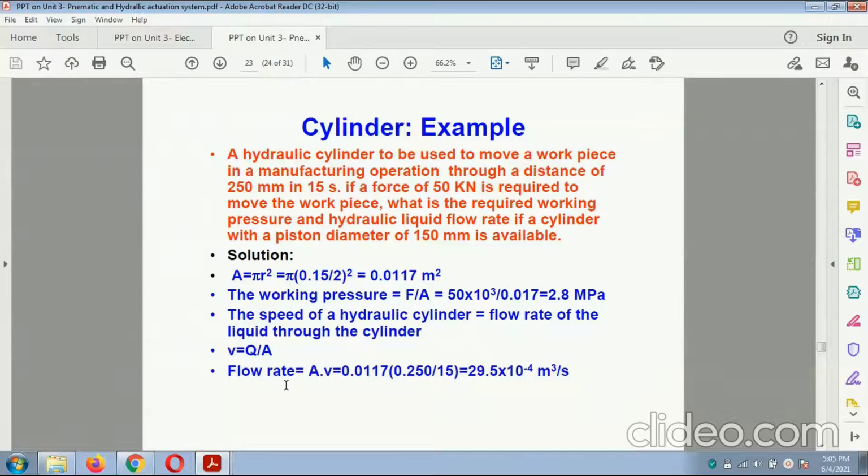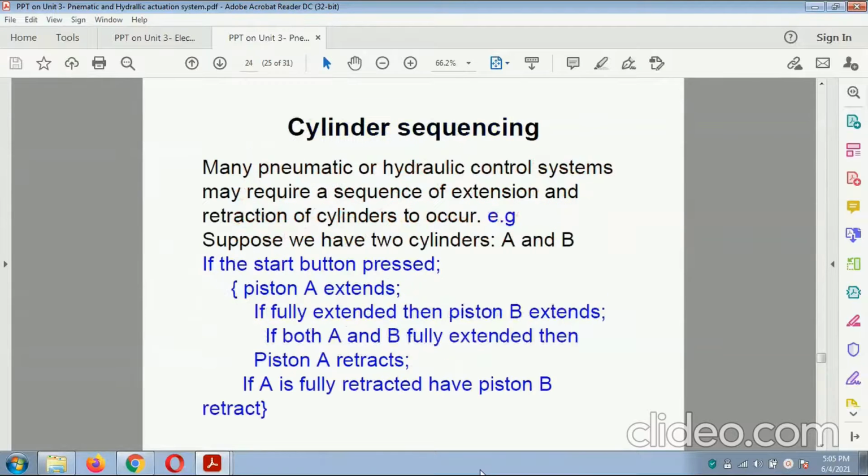The working pressure is F upon A. The speed of the hydraulic cylinder is V equal to flow rate upon area, so the flow rate is the area into V. In this way you can find the answer.